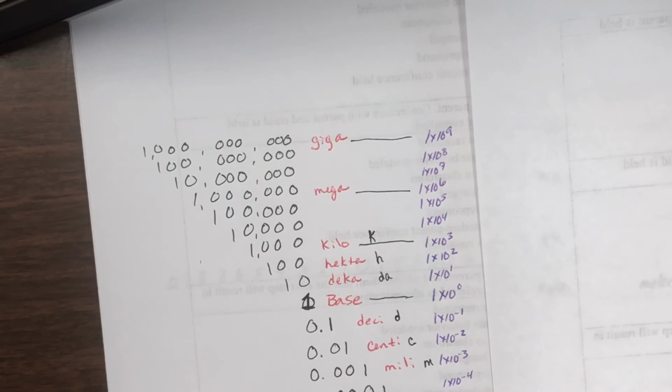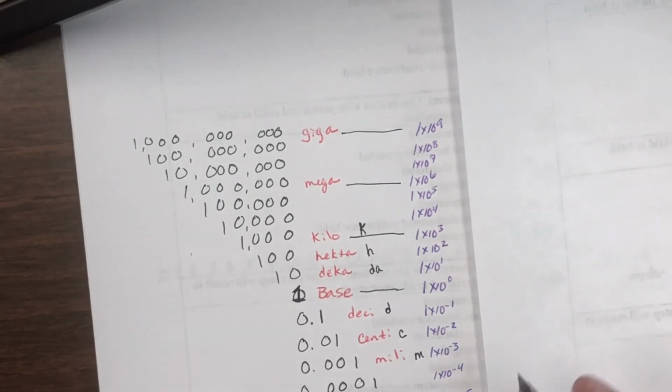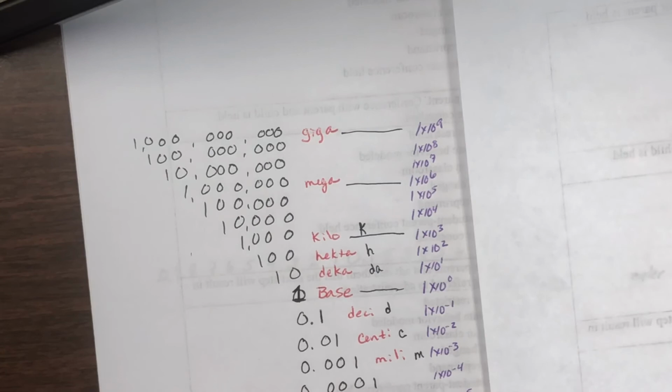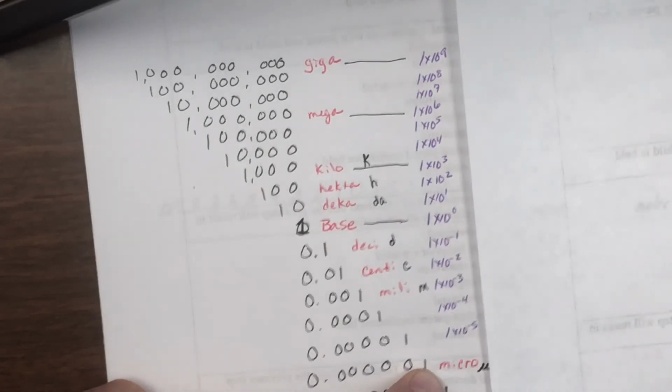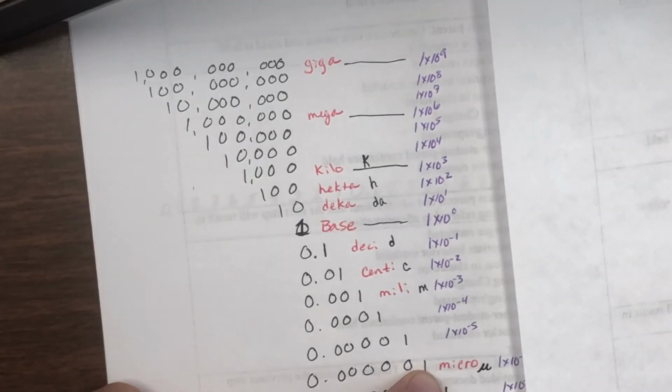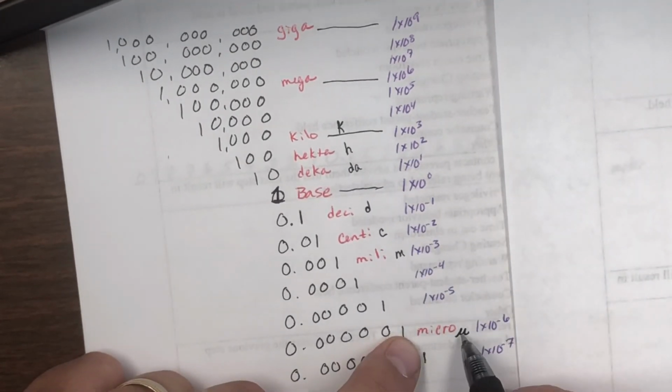Because the micro is m, and this is also an m, we use the mu, which looks like a cursive u. So that's going to be the micro. Hopefully you can see that. Okay, maybe you couldn't see that on there, but this is the micro.